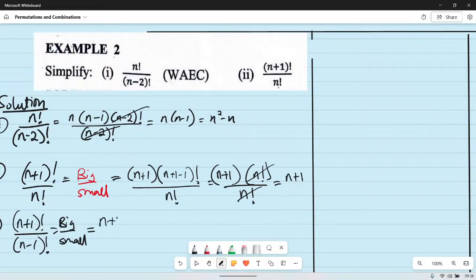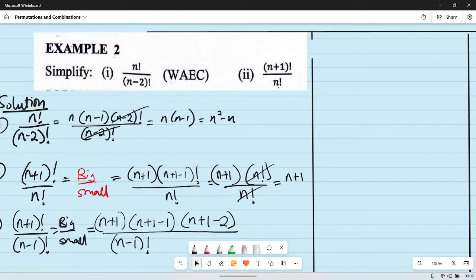So n plus 1, right? Then you come again, n plus 1 minus 1. We don't put a factorial here because we want to continue. Then n plus 1 minus 2. Then we come down, n minus 1 factorial.